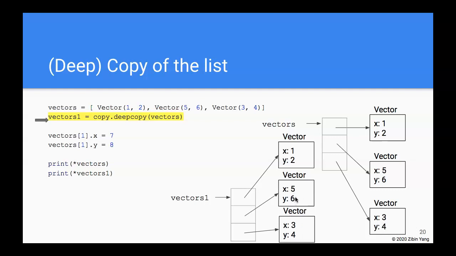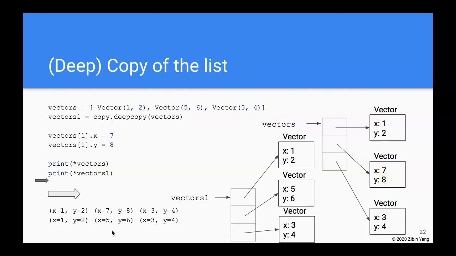So this is the picture that we end up with, and note that again the copy now, and everything that is reachable from the copy, has nothing to do with anything in the original list. So as we step through this, if we, let's say, change one of the vectors in the original list, that only changes this vector, but it doesn't change the copy of the vector.